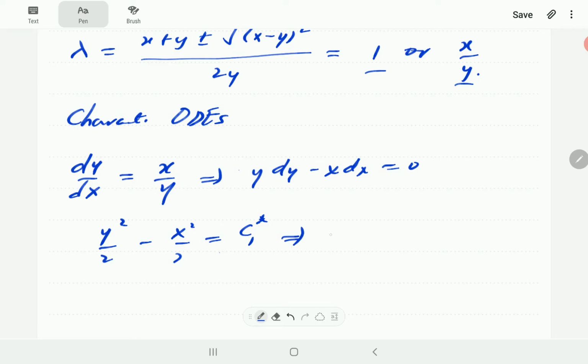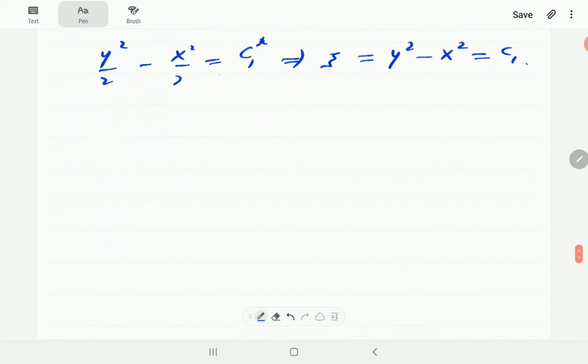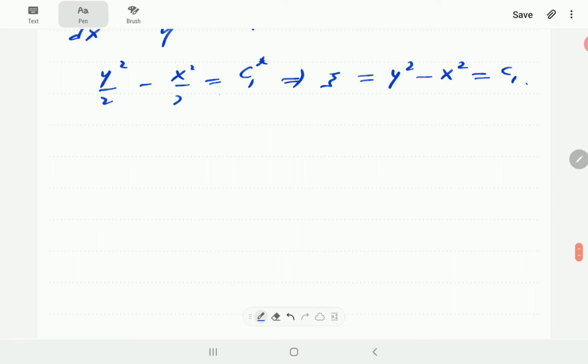Multiply everything by 2, then just to simplify things, our xi can be written as x squared minus y squared equal to c1. Then the other characteristic ODE is dy dx equals 1. So from this one, if we integrate, we find that y minus x is the other canonical coordinate.